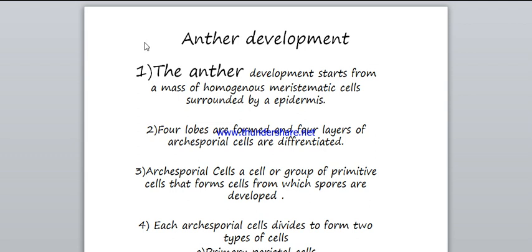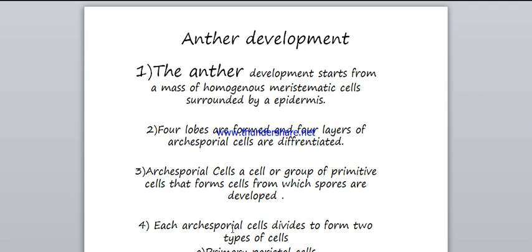Now, anther development. The anther development starts from a mass of homogeneous meristematic cells surrounded by an epidermis. Second, four lobes are formed and four layers of archesporial cells are differentiated. Archesporial cells means a cell or group of primitive cells from which spores are developed.